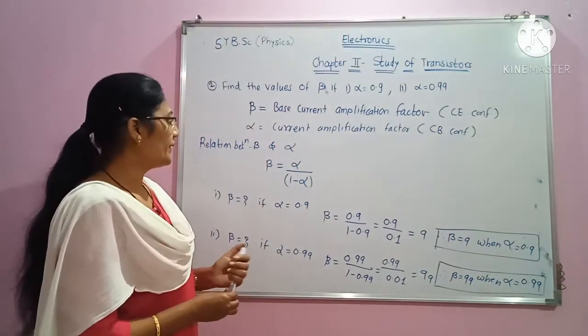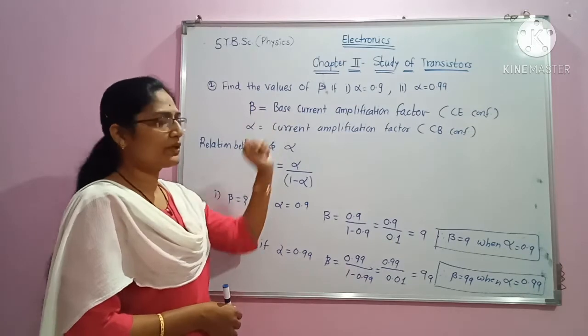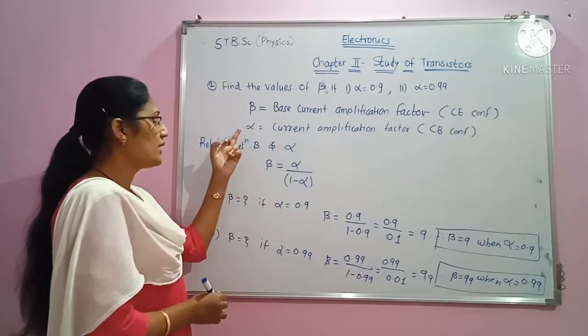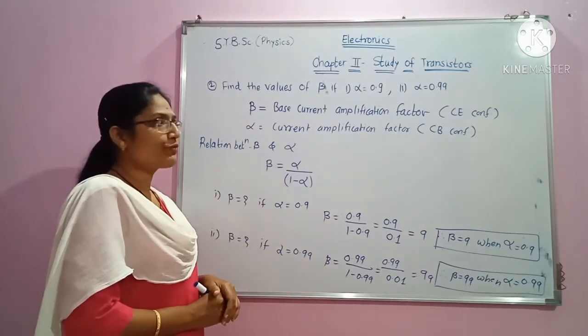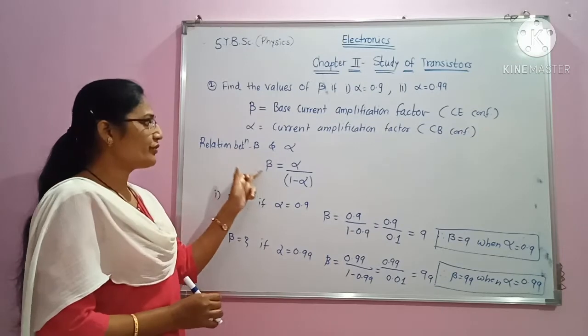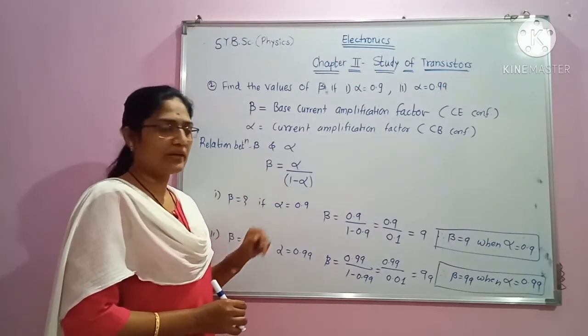So what we did here, we know what is beta. Beta is the base current amplification factor in common emitter configuration, and alpha is the current amplification factor when we consider common base configuration. There is a relation between alpha and beta, given by beta is equal to alpha upon 1 minus alpha.